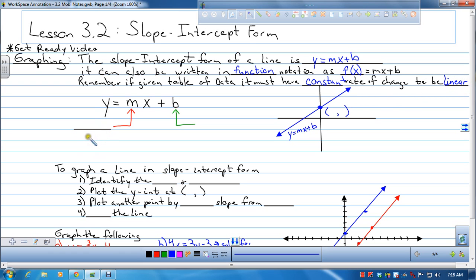Okay? So again, you should be able to identify the pieces of this slope-intercept form. M is our slope. B is our y-intercept.